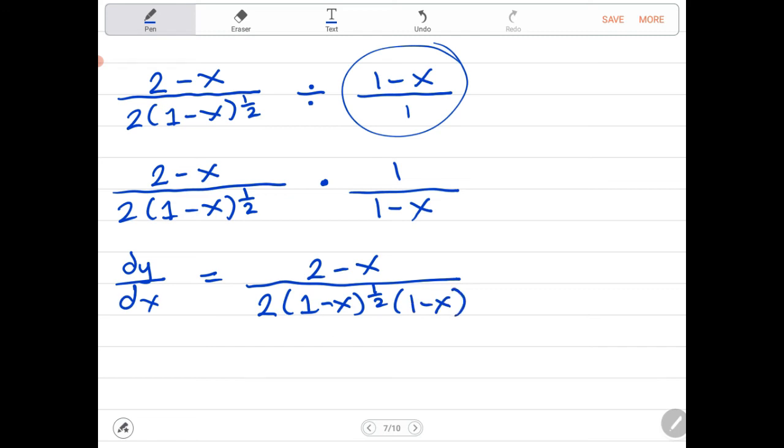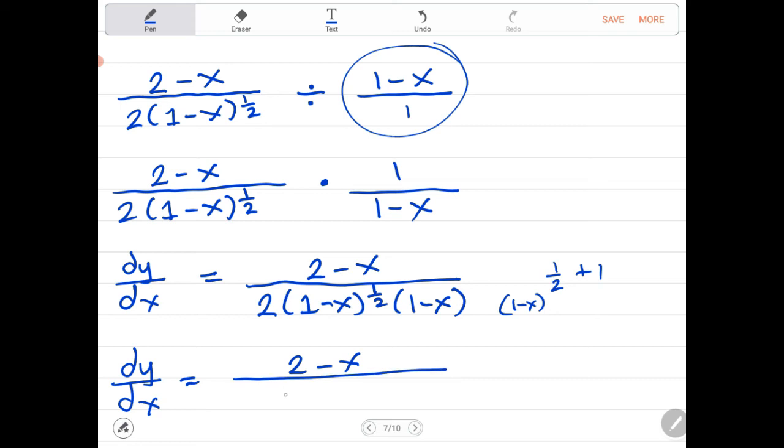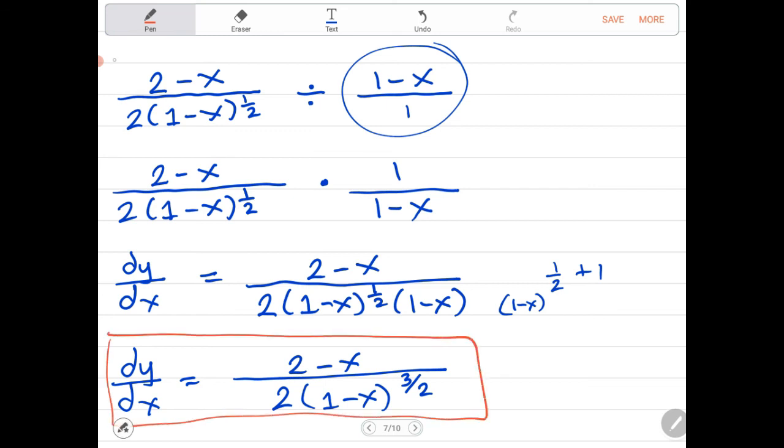They are the same. What are we going to do with the exponent? We are going to add. So it will become 1 half plus 1. So 1 minus x raised to 1 half plus 1. Okay? So the first derivative will be 2 minus x all over 2 times 1 minus x raised to 3 over 2. So this is our first derivative.